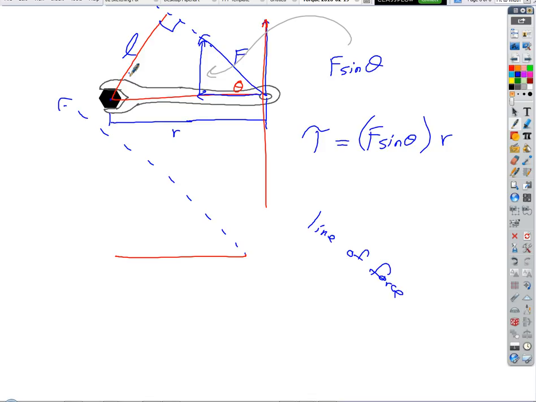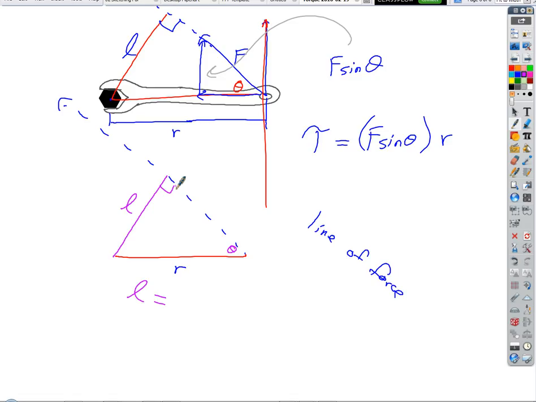If this is the line of force, and this is R, then we said that this perpendicular distance right there is L, so that's the lever arm, right? Well, if this is theta, then what's L in terms of R? Because that's a right angle, so that's the hypotenuse, right?